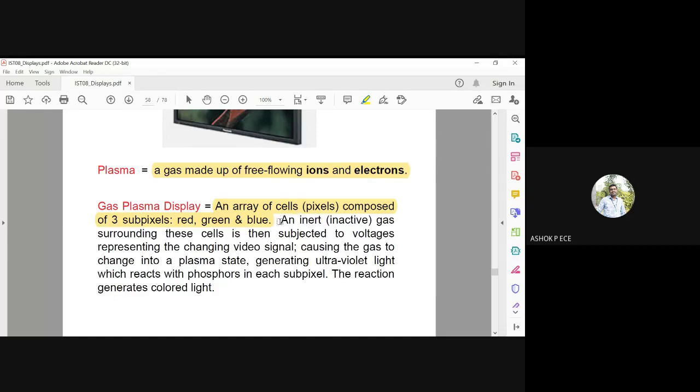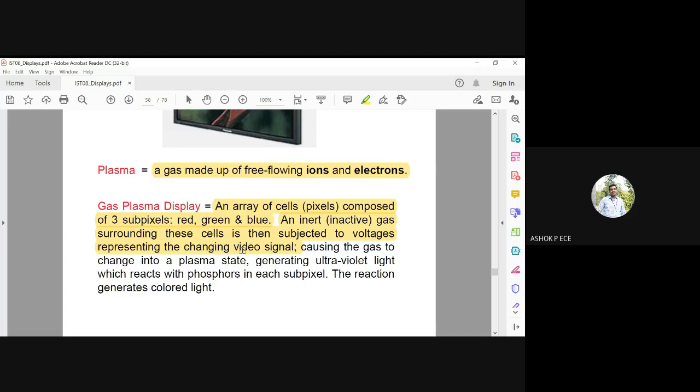And you will have cells, and surrounding these cells, you will be having inert gases or inactive gases. Then you are going to subject these cells to voltages representing the changing video signal. So depending on what change in voltage you have, you are going to have the changing video signal, causing the gas to change into plasma state, generating UV light, which reacts with the phosphor in each subpixel that generates colored light.